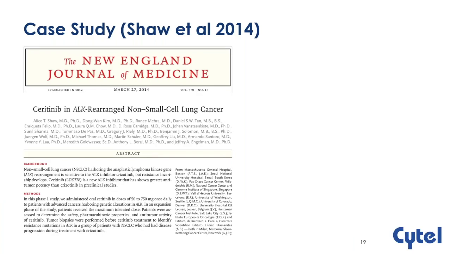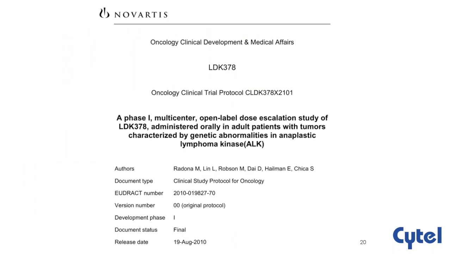So the case study is actually one that was published in the New England Journal of Medicine on non-small cell lung cancer. It's a paper by Shaw et al., 2014. And yes, you can see it is a phase 1 multi-center open-label dose escalation study where the agent was administered orally in adult patients with tumors characterized by genetic abnormalities in anaplastic lymphoma kinases.